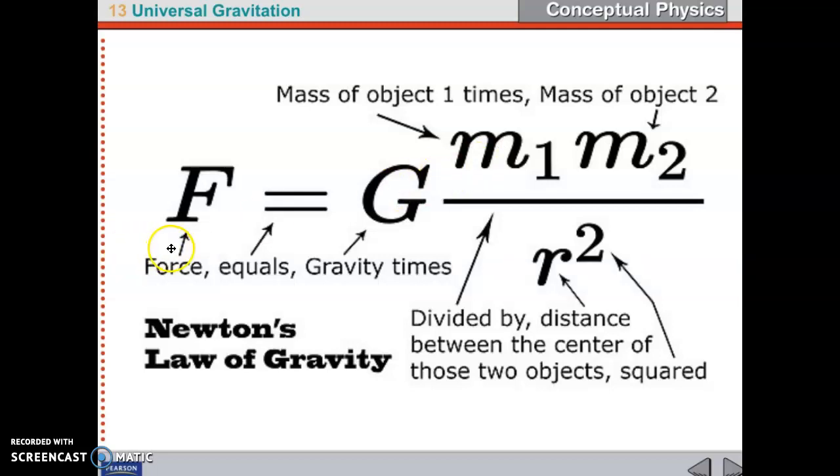He also predicted that the force was inversely proportional to the distance between the centers of the two objects squared. The proportionality came first: force proportional to the masses, and force inversely proportional to r squared. The constant of proportionality came a little bit later, and we'll come to that in a second.